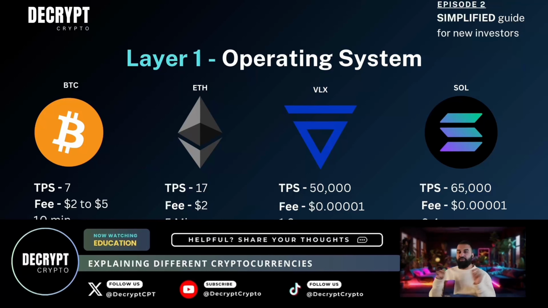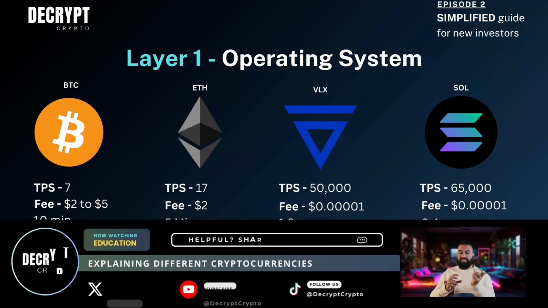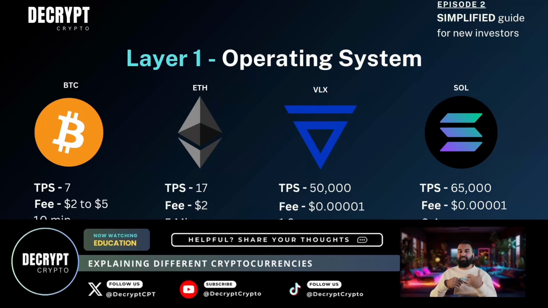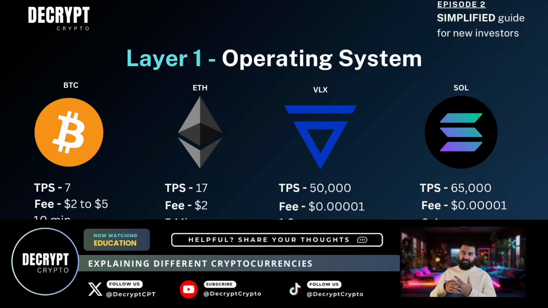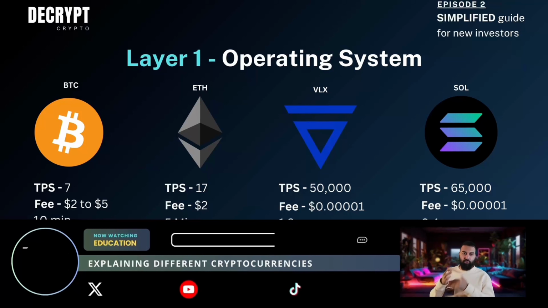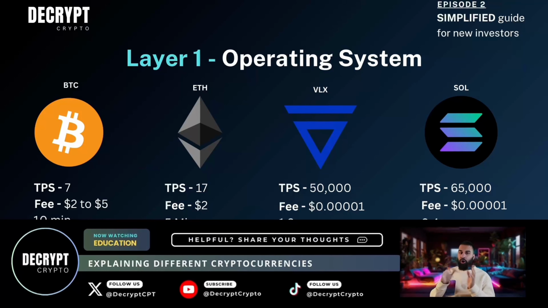So there are multiple projects, different ones that have been created with different variations of their blockchain technology in order to help address certain things such as speed, throughput, and also transaction finality. But in real simple terms, each one has slight tweaks in order to come up with the best performing operating system.